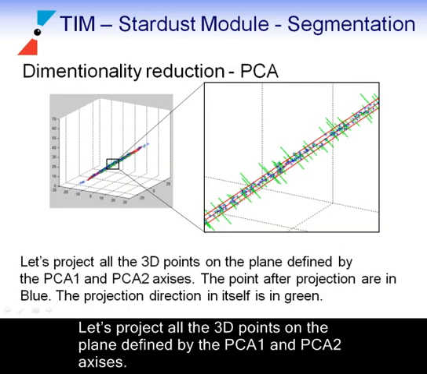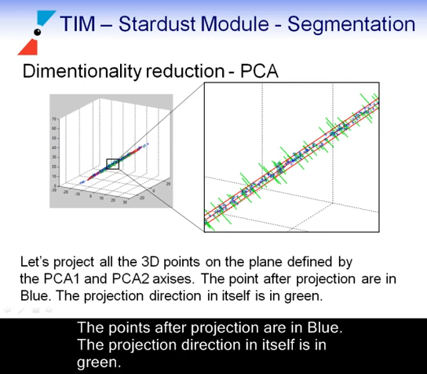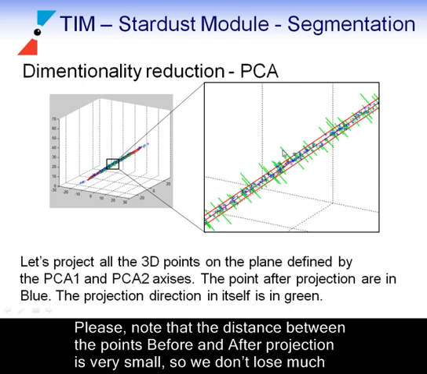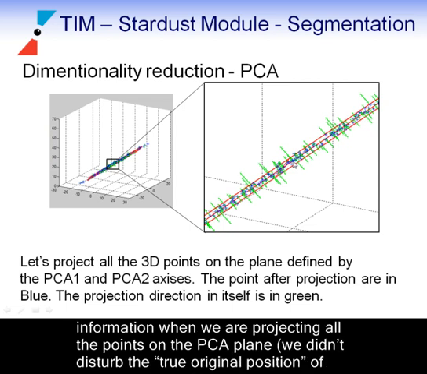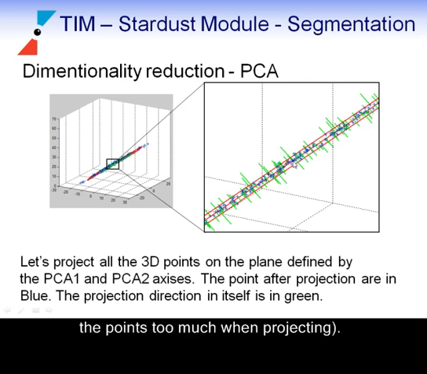Let's project all the 3D points on the plane defined by the PCA1 and PCA2 axes. The points after projection are in blue. The projection direction in itself is in green. Please note that the distance between the points before and after projection is very small, so we don't lose much information when we're projecting all the points in the PCA plane. We didn't disturb the true original position of the points too much when projecting.